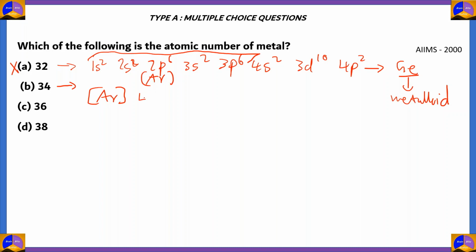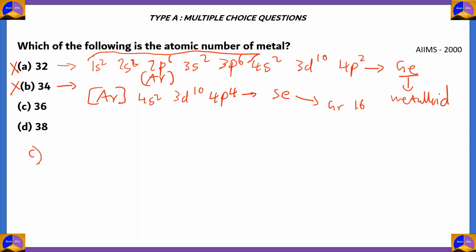So then we have 4s2 makes it 20, 3d10 makes it 30, and 4p4. So this configuration is present for selenium, and selenium is again part of group 16 of the periodic table, which contains nonmetals such as oxygen and sulfur. So that makes option B incorrect.